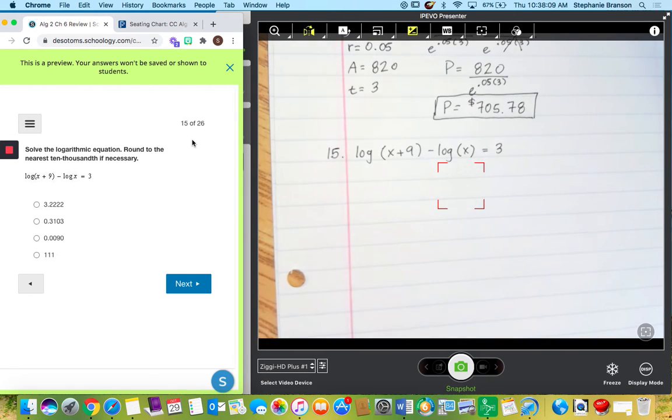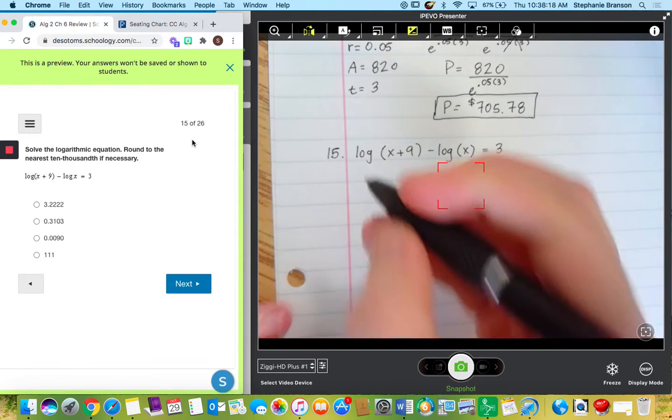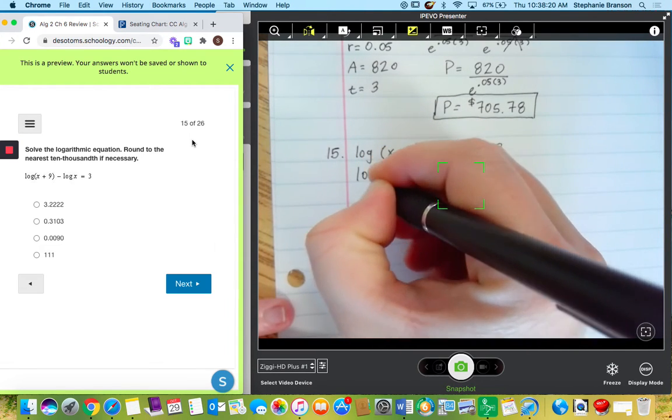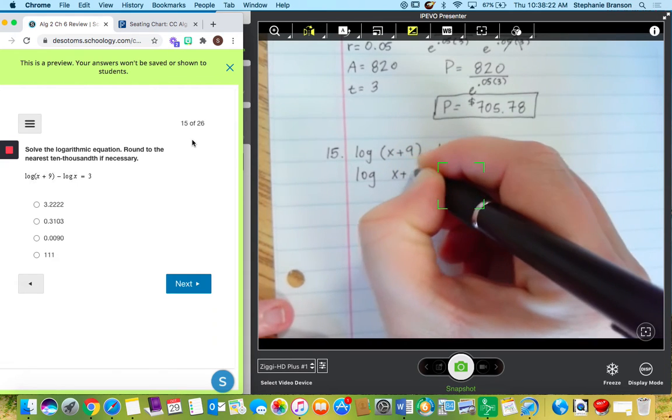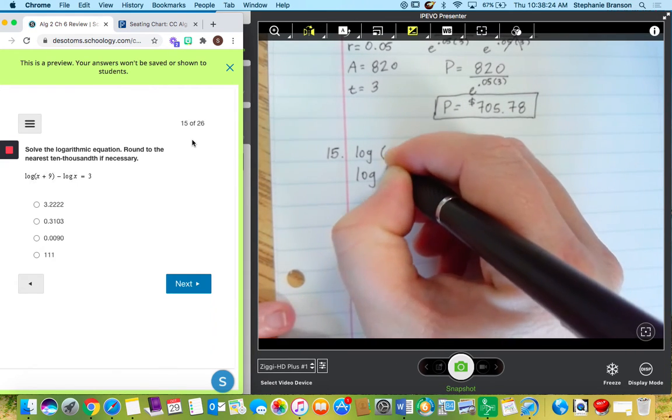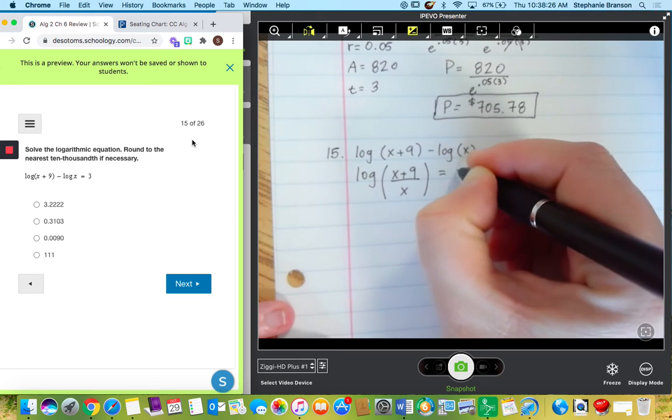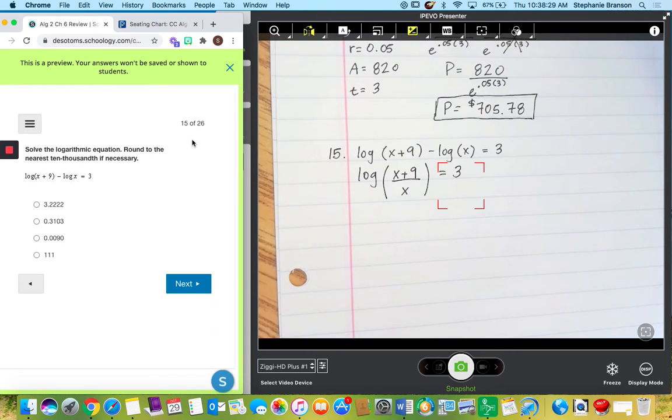What did we say we're supposed to do when we're dealing with logarithms and we see that subtraction sign? We're supposed to divide.